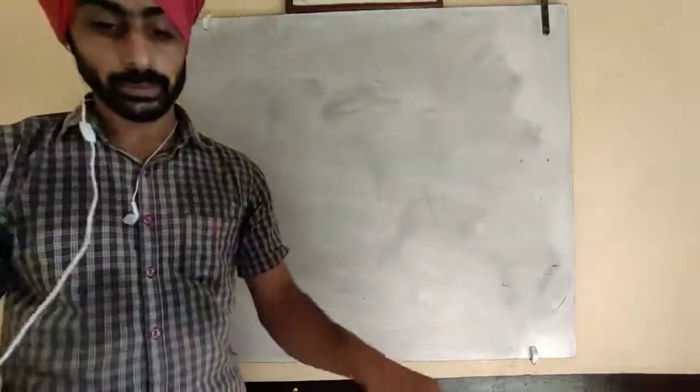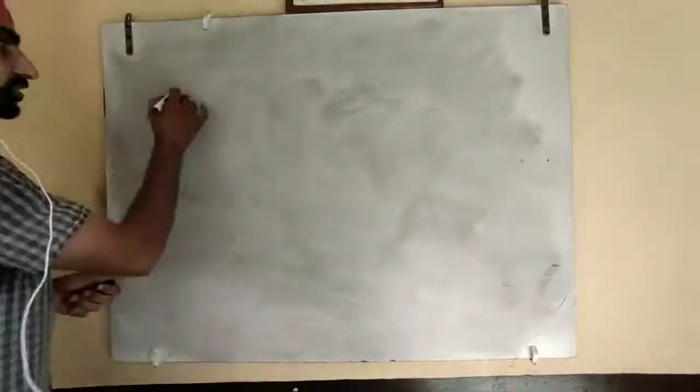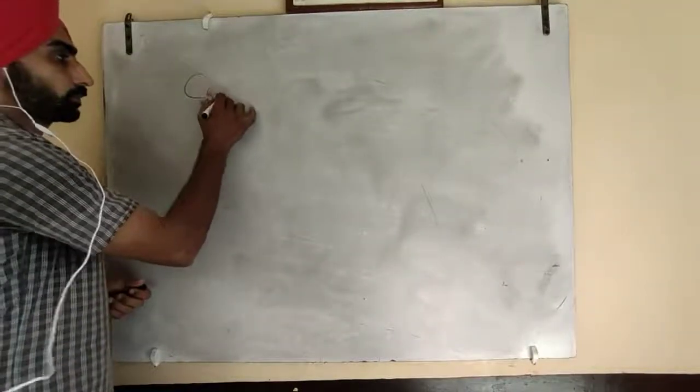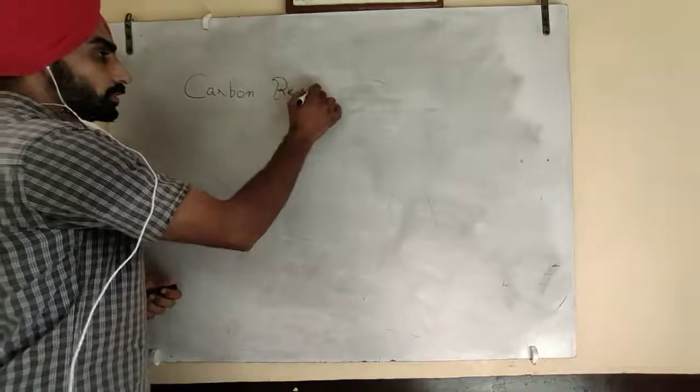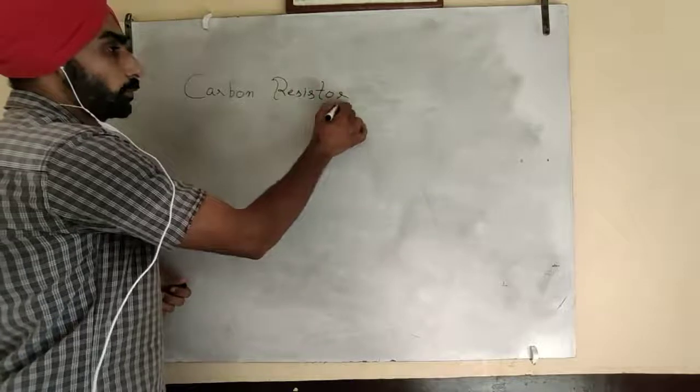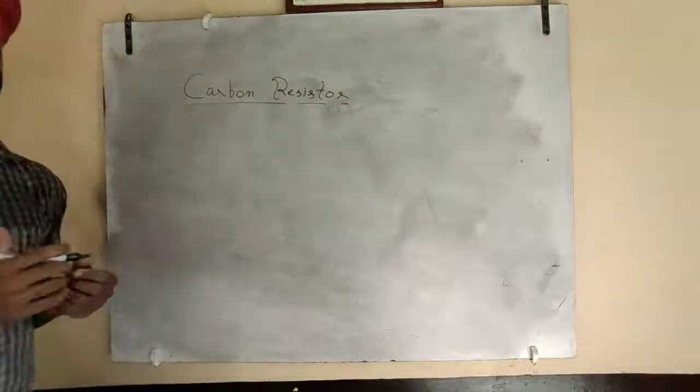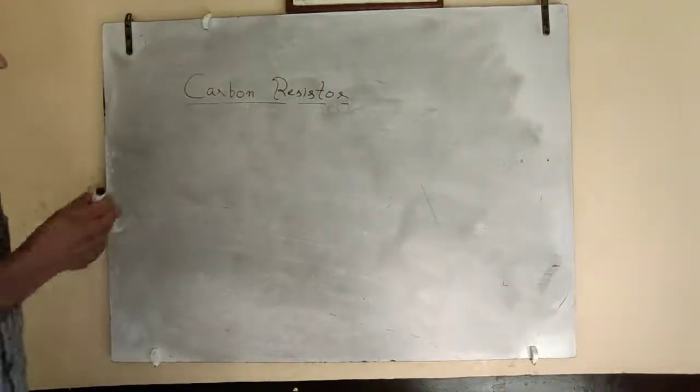So the third concept today is carbon resistors. This is a new topic, carbon resistors. You know what is a resistor? It is a component that provides resistance in the circuit.